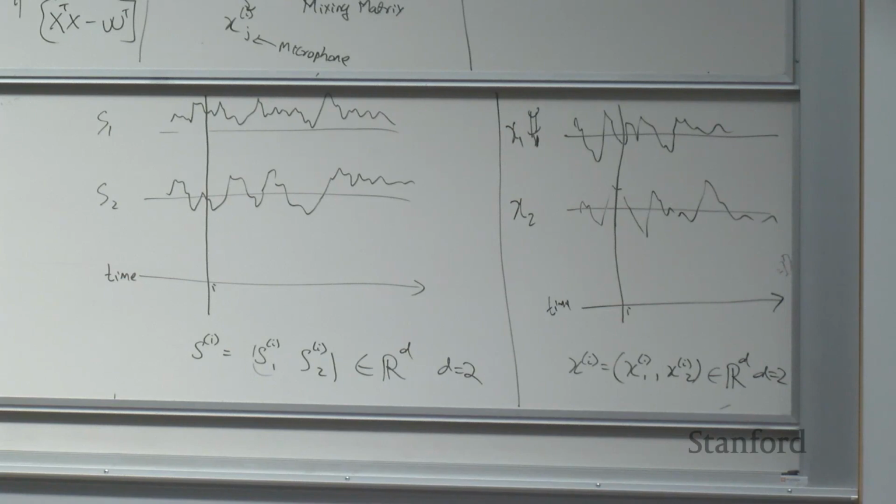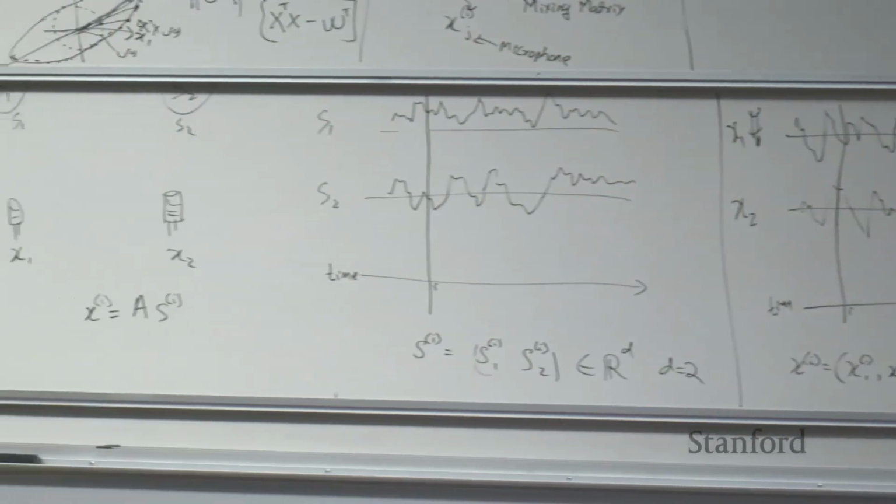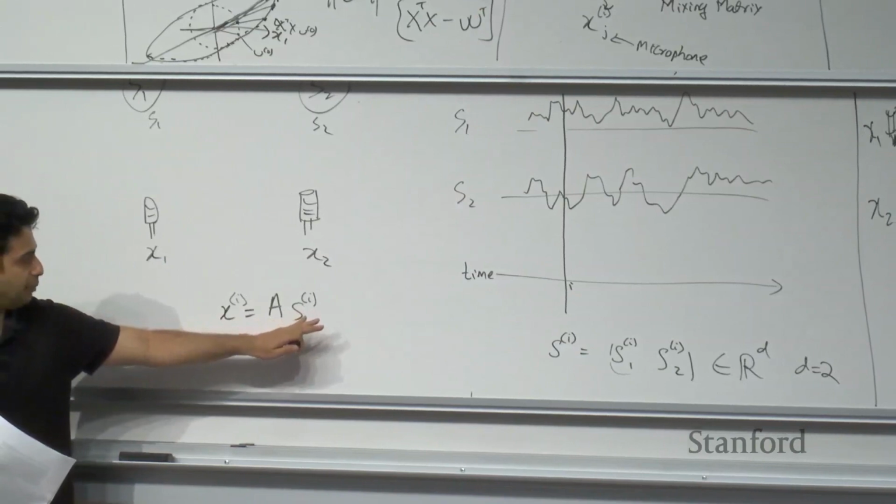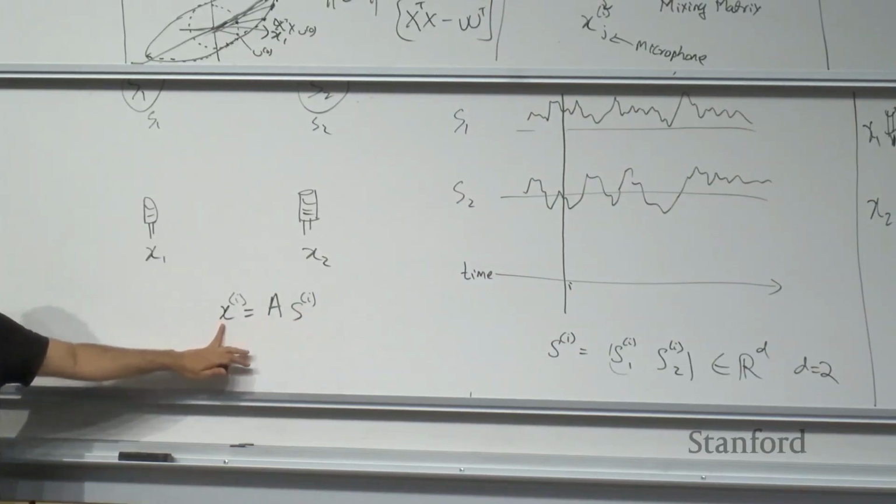What that translates to essentially is we make the assumption that x equals As, which means xi equals A of si. A is a square matrix because we have the same number of speakers as the number of microphones.